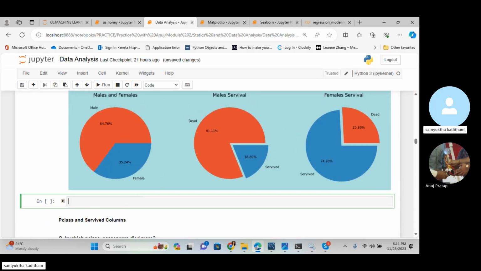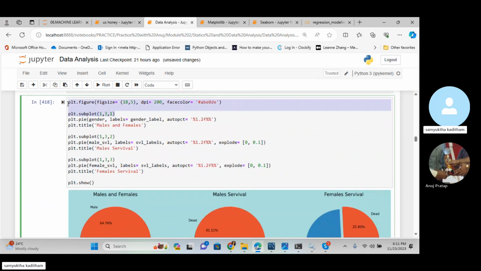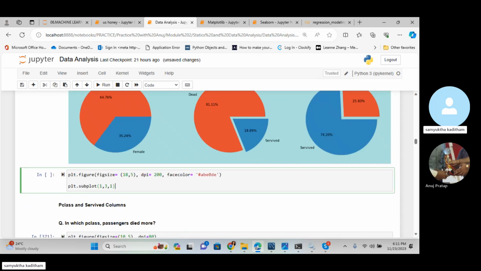If you want it more clear, I will do one thing for you. So how many plots do you want?